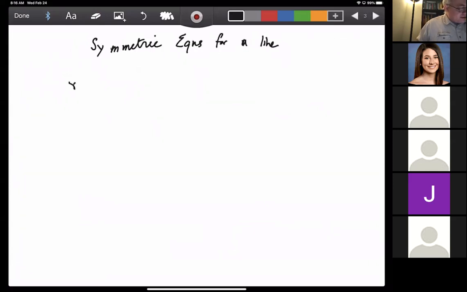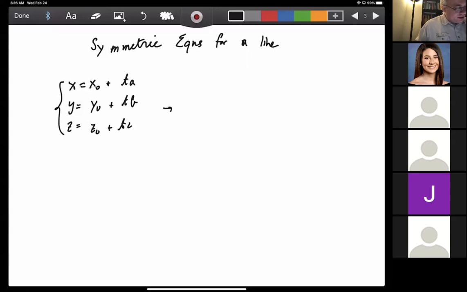So let me just reproduce the parametric equations here. If I solve for t in each of these, in the first equation, I get t equals x minus x0 over a. From the second equation, I solve for t, I get y minus y0 over b. And in the third equation, I get z minus z0 over c.